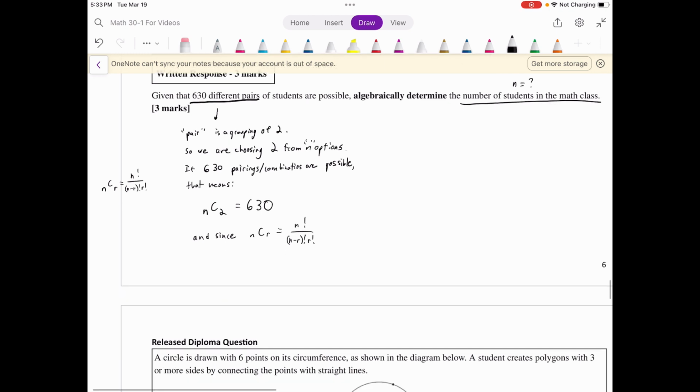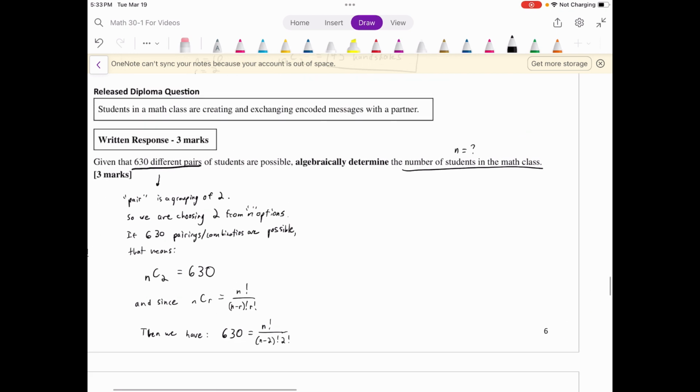So we have that 630 equals n, which is what we're trying to figure out, so I'll leave it as n factorial, over, r is 2, so n minus 2 factorial times 2 factorial. Okay, and now we can go ahead and start actually solving this problem.